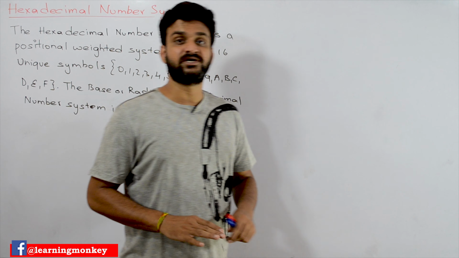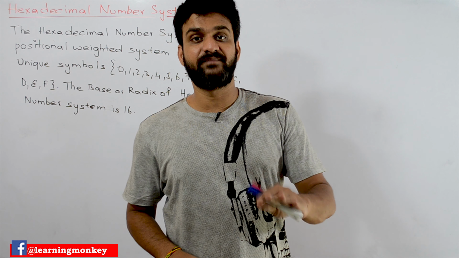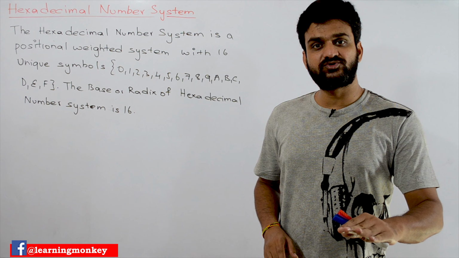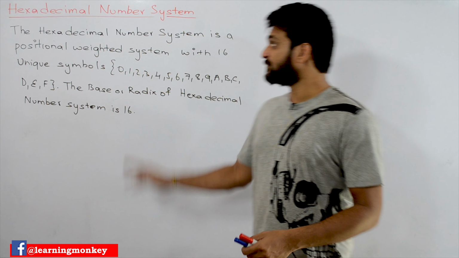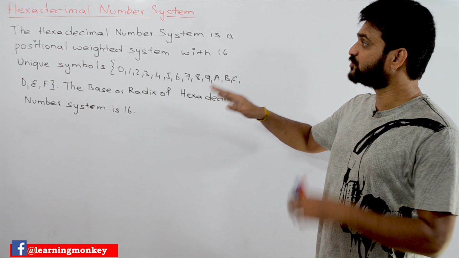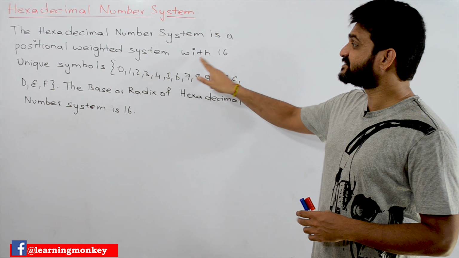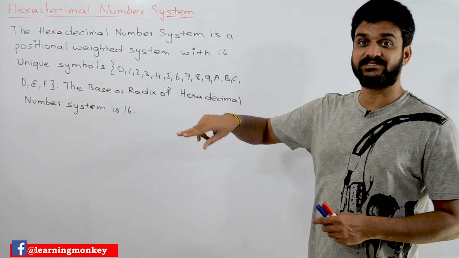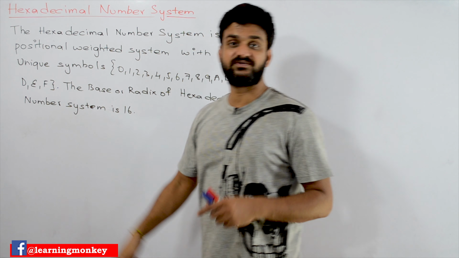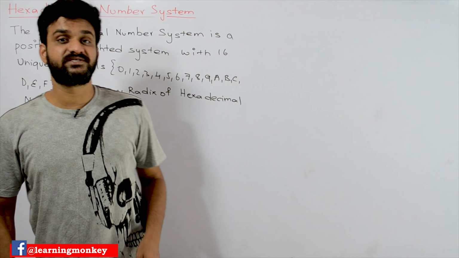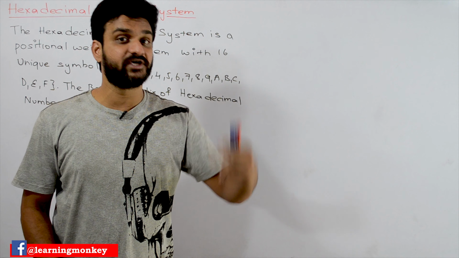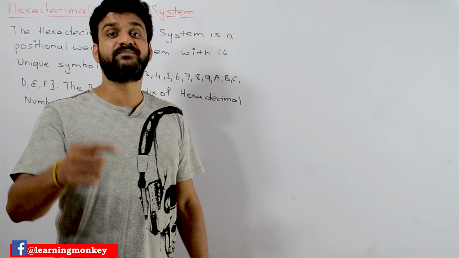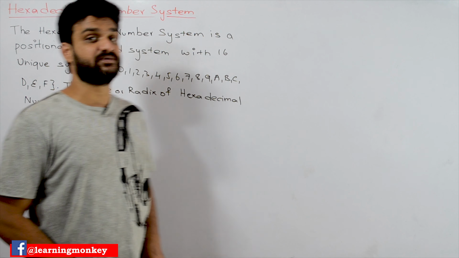Coming to this class, what is the hexadecimal number system? It is similar to all the previous number systems that we have seen so far. The hexadecimal number system is a positional weighted system with 16 unique symbols, whereas the decimal number system has 10 unique symbols, the binary number system has 2 unique symbols, and the octal number system has 8 unique symbols.